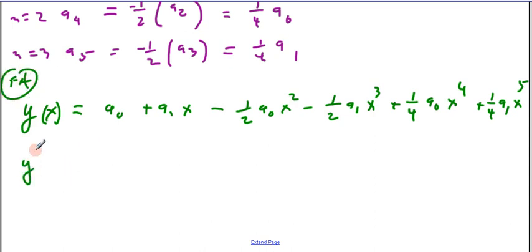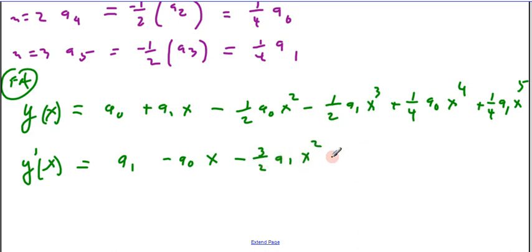So y prime gets to be a1 minus a0x minus 3 halves a1x squared plus a0x cubed plus 5/4 a1x to the 4th.